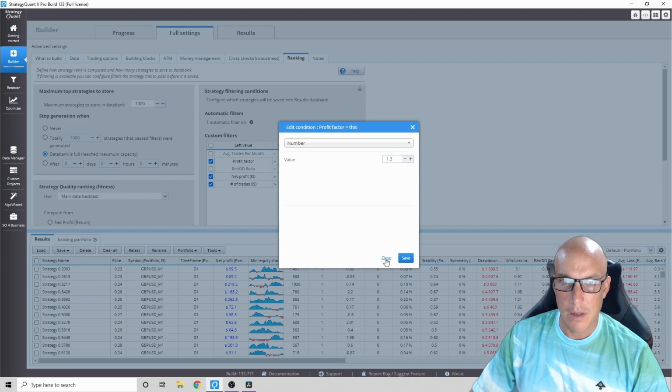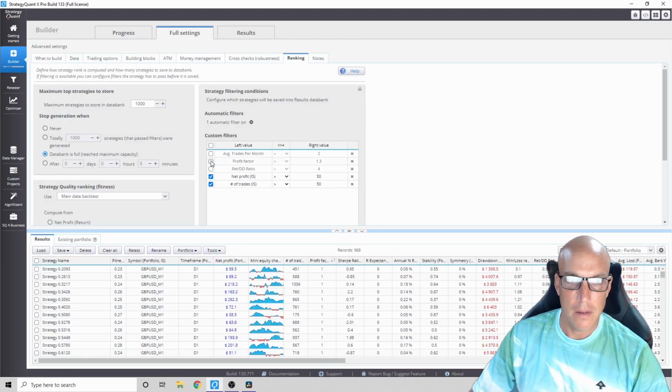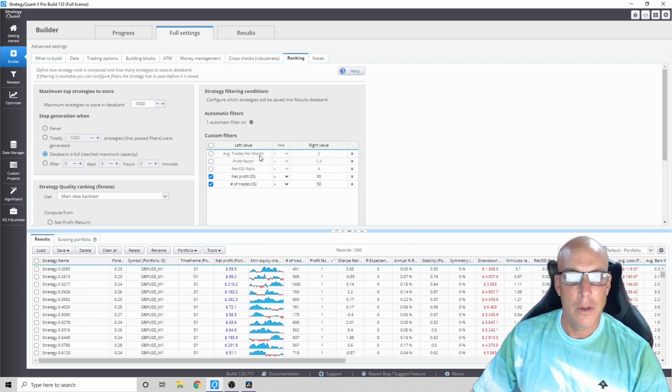So you can add things like average trades per month. Yeah, you don't want this thing sitting idle. You want to see some trades happen. So you click this, and then it's only going to pass the algorithms that are trading at least 2 times a month. And yeah, same with the drawdown. You only want the low drawdown versions.